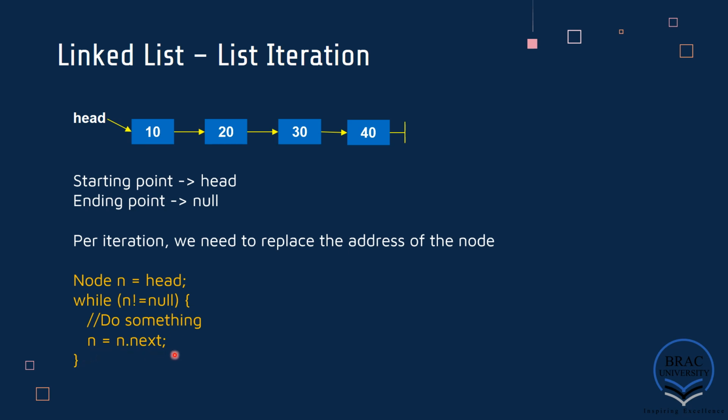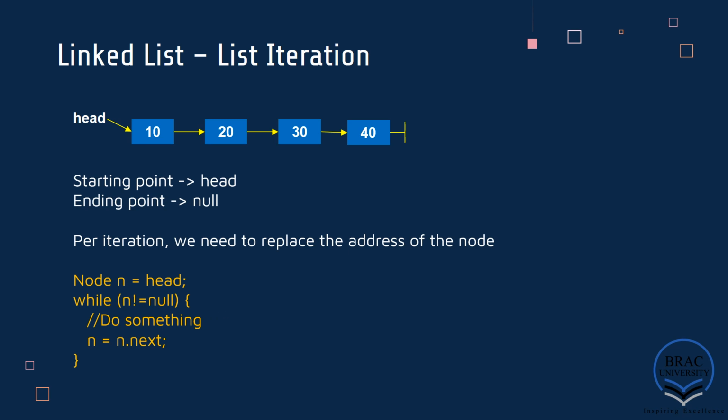And how I change it is by using n equals n dot next. The address that is present in my n node will be replaced. That means n will be this one in my next iteration, and so on. It will continue by changing the addresses that are contained in my object's next variable. So this is how the loop can be written.